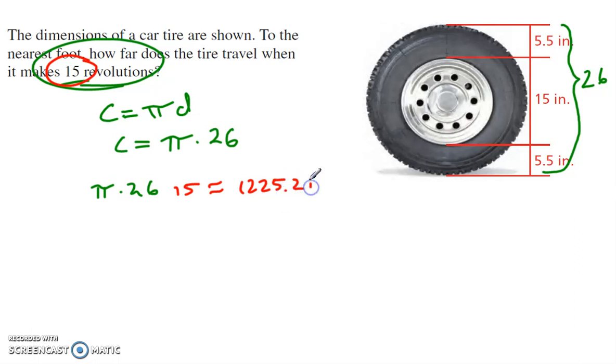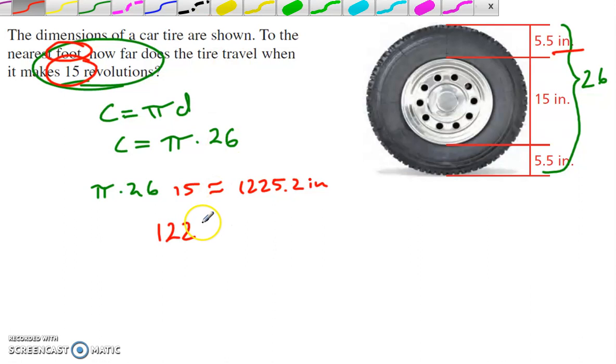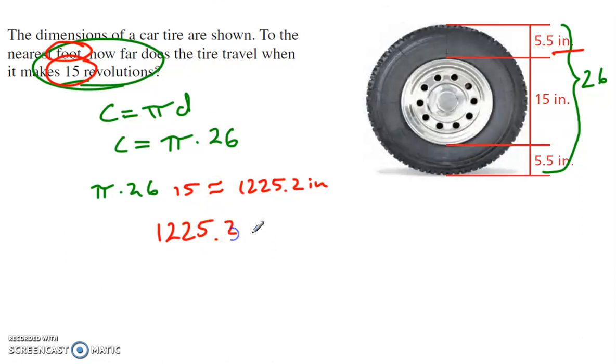But that is in inches. Notice they gave us all this in inches, but then they want to know feet. Those sneaky sneaksters. So in order to get it in feet, we're going to convert 1225.2. Oops, got a little crazy on the twos there. Making a lot of mistakes today, but it's good when we catch them.